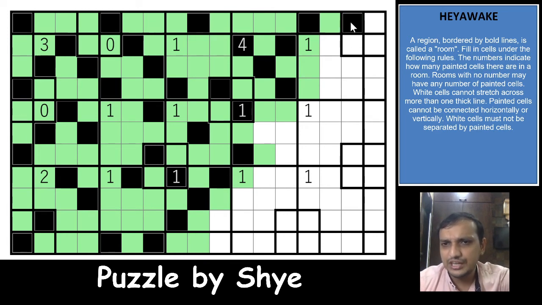What happens if I shade this cell? That seems to be really good. All of these will be unshaded, right? Because of the white cell connecting area logic, and this also will have to be shaded because of the thick border rule, and then you contradict, or maybe you just close one of the white areas inside black cells, right? So this will have to be unshaded. That shades this cell, unshades this cell.